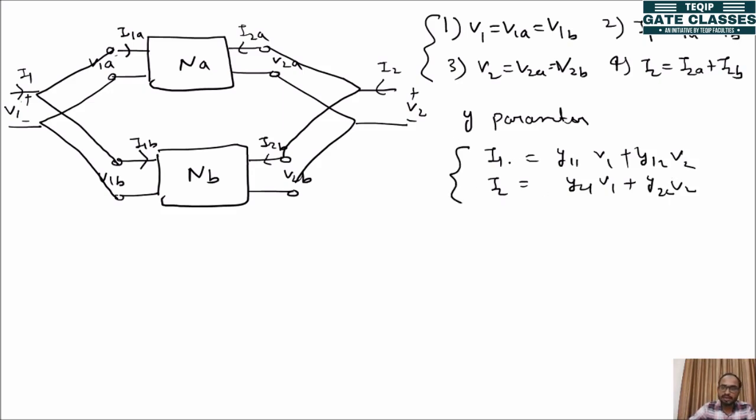If you put A here and B here and add these equations, you will get I1A plus I1B, which is I1, following a similar pattern to what we followed in the Z parameter.